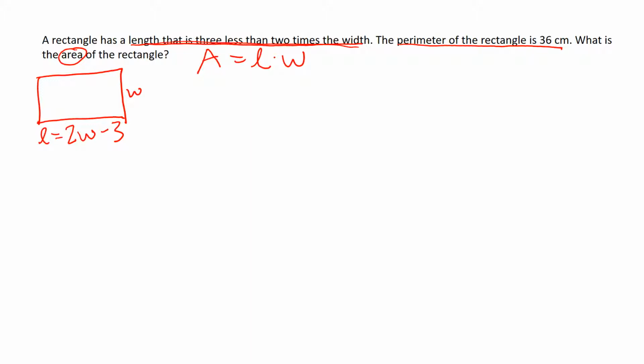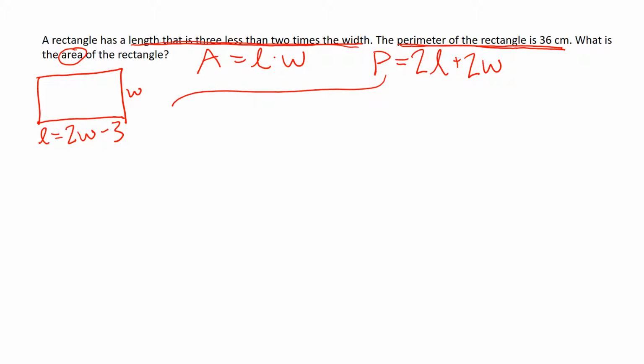Now let's use this piece of information that the perimeter of the rectangle is 36 centimeters. We have another formula that tells us that perimeter is equal to 2 times the length plus 2 times the width. So we're just going to plug in all of the information we know into that equation.